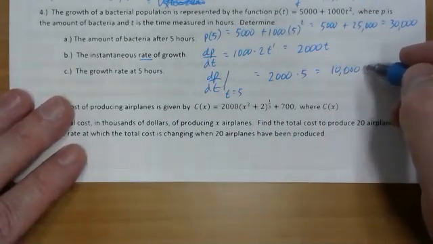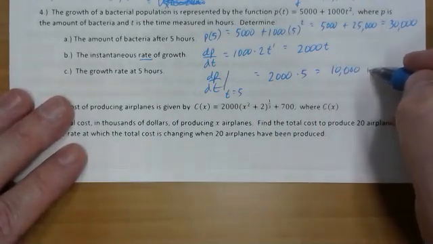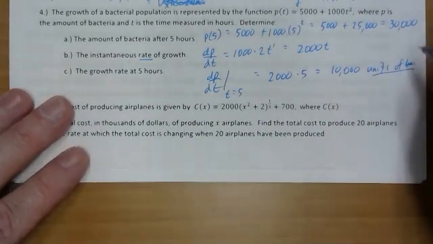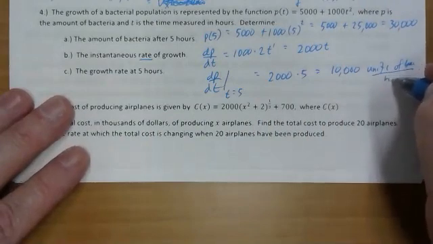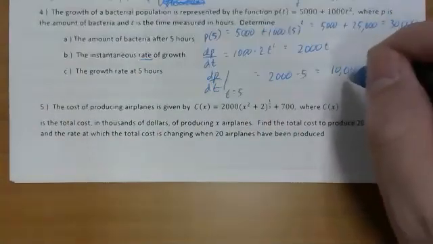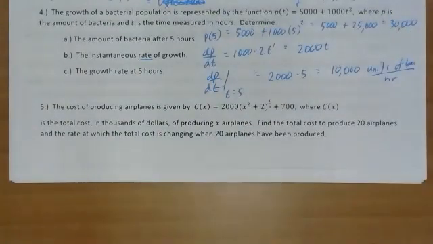So 10,000 units of bacteria, whatever that is, per hour. So at the 5th hour, the bacteria is growing at a rate of 10,000 bacterial units per hour.